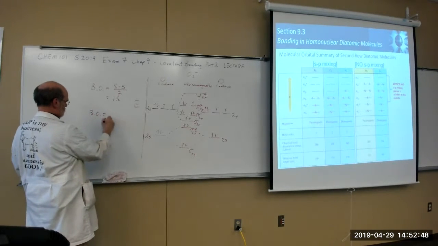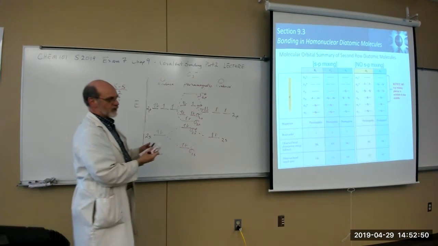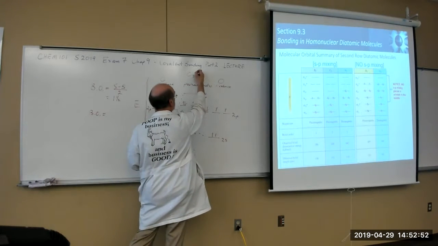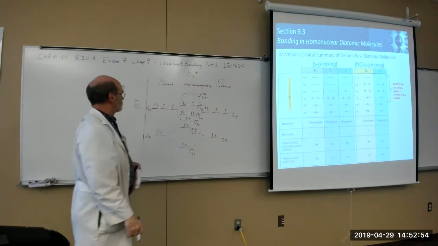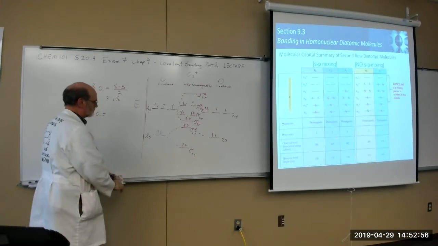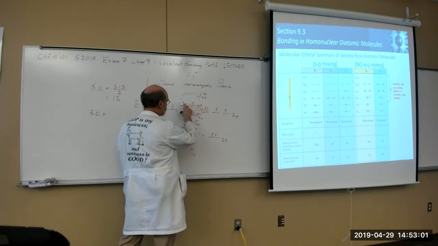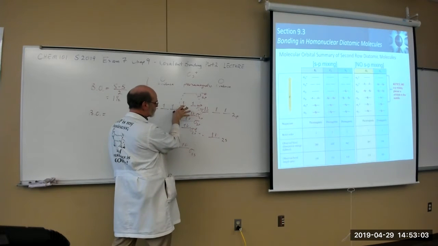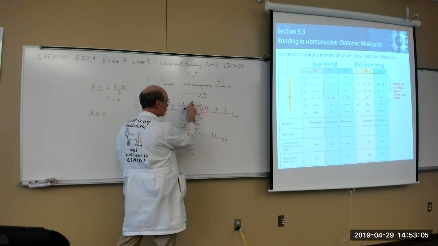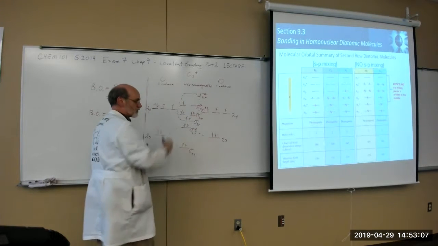I know what you're thinking. What's he going to do next? Well, next time he's going to take away an electron. So I'm going to take that electron away. And it used to be like that for dioxygen. You take away an electron, it comes away from the highest energy level.